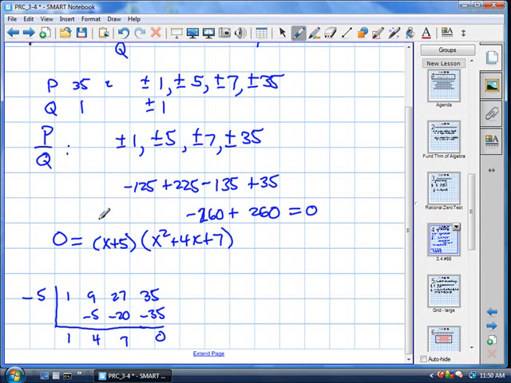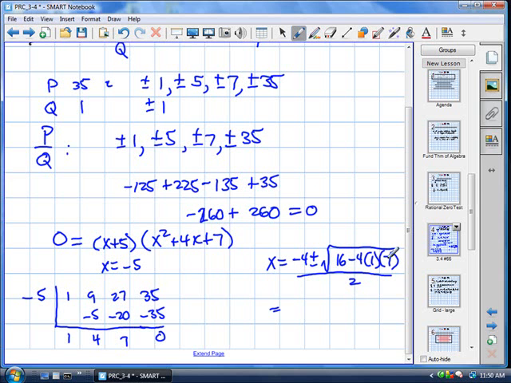So let's finish this off. Let me just write this down. We know that this solution is -5. Now we're going to use the quadratic formula to get this down to the final two solutions. So here we go. x equals minus b plus or minus square root b squared minus 4 times a times c, all over 2 times a.